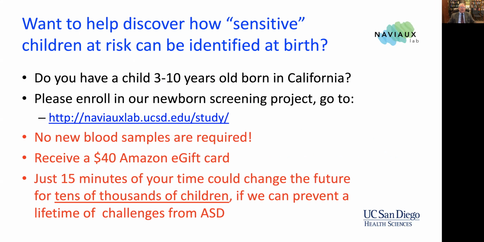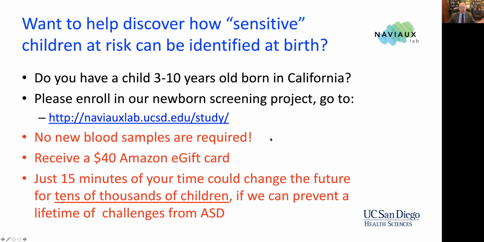Well, this is how I'll close my talk today, and this is a plea to everybody watching this: if you would like to help us discover how sensitive children might be identified at birth, and if you have a child that's 3 to 10 years old who's born in California, either with ASD or a typically developing child, go to this website, go to this link, naviolab.ucsd.edu/study.